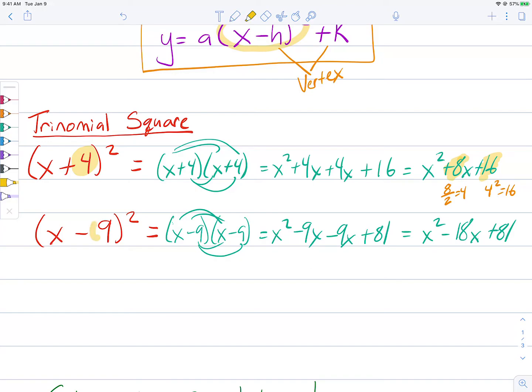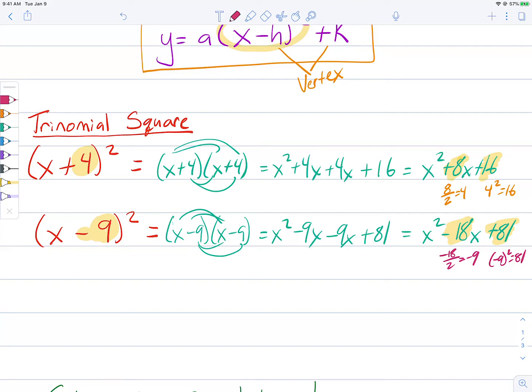When we first started, we had a minus 9. And we got a negative 18 and an 81. If I took negative 18 and divided it by 2, I get negative 9. Very nice. And if I take negative 9 and square it, I get 81.